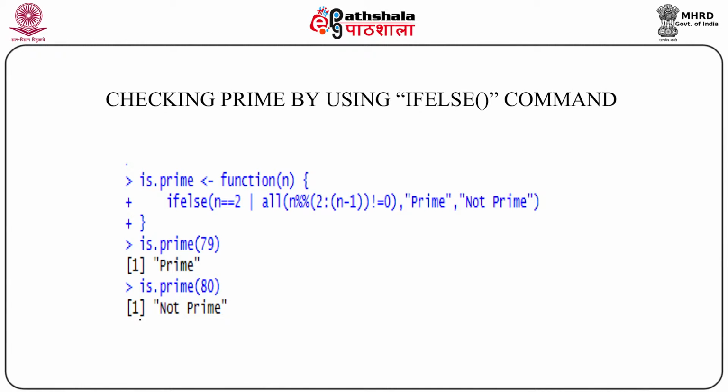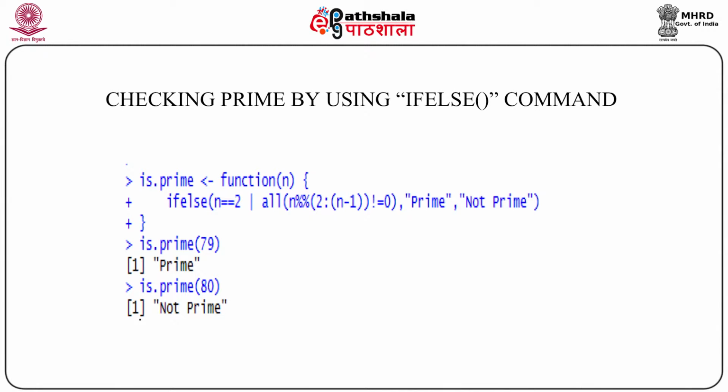Now here we want to check whether a number is prime or not using the if-else command. Here we are defining the function is.prime to be a function of n. Then we are considering the test consisting of two conditions: n equals 2, or if n is divided by all its previous numbers starting from 2 to n minus 1, then the remainders are not equal to 0.